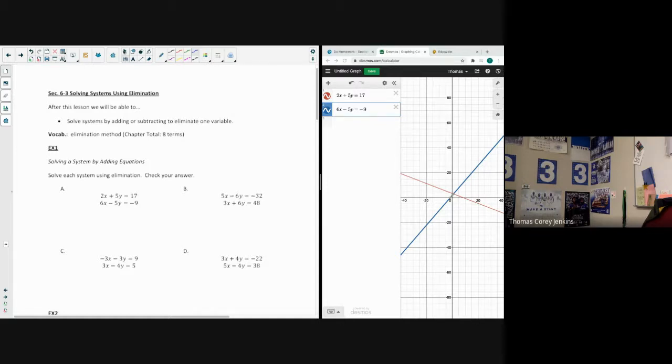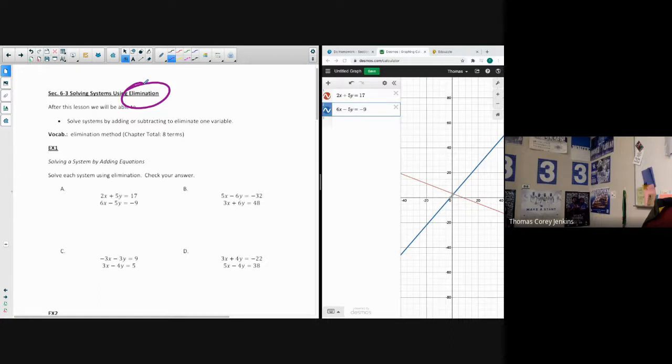This is our last lesson on a separate method of how to solve systems of equations. This lesson focuses on what they call the elimination method, and this would be my favorite of all of them because it's kind of easy to show your work if you understand what you're doing.